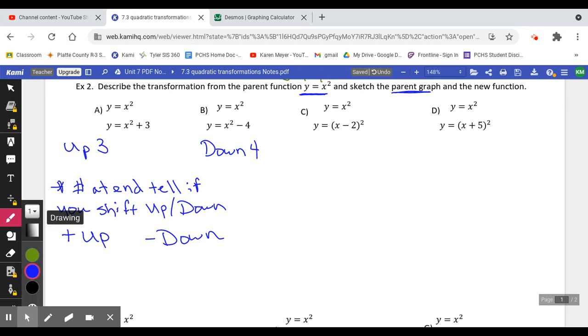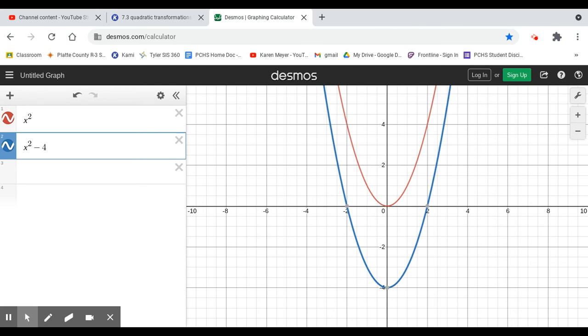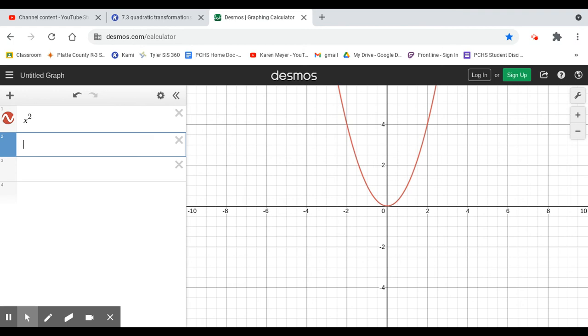Okay, so now let's switch gears over to ones that have parentheses in them. So now we've got, in our parentheses, x minus 2.